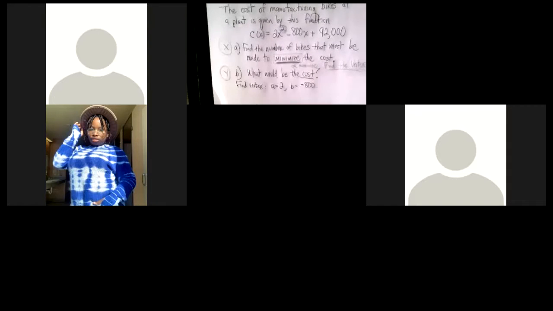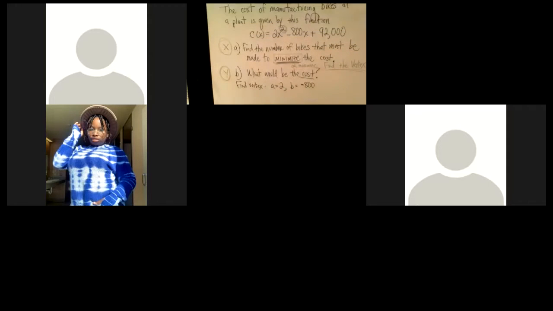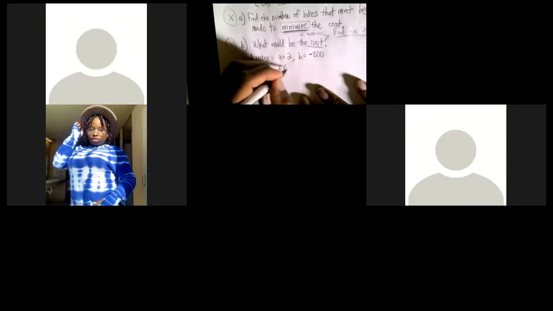The vertex formula is, again, negative b over 2a, and f of negative b over 2a.